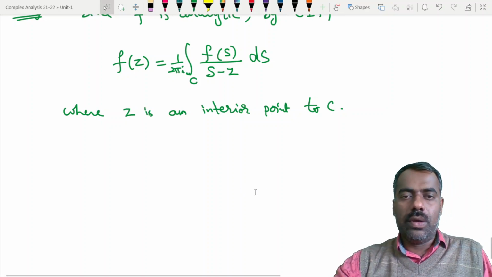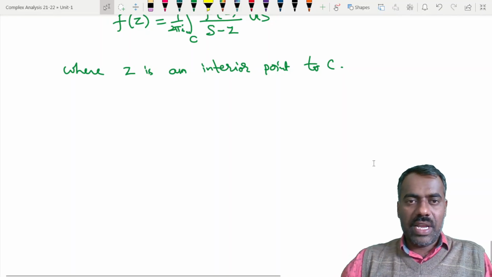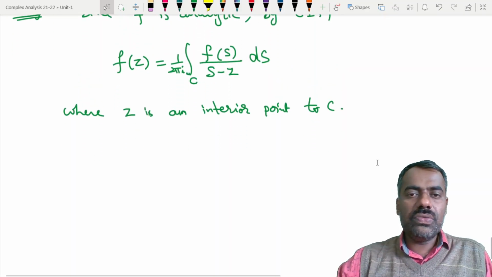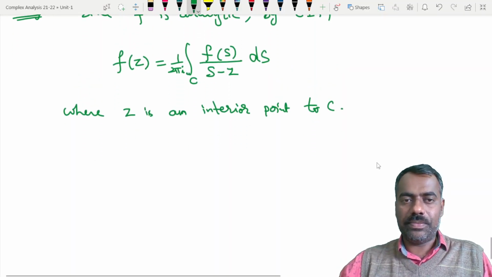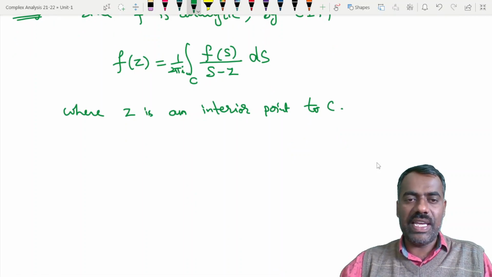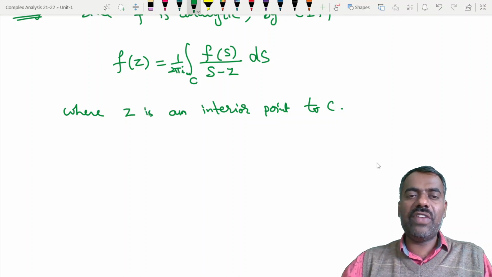Okay, fine. Now our idea is, we want to show that f dash of z naught, or f dash of z, here z is an interior point, is this way. What is our f dash of z?